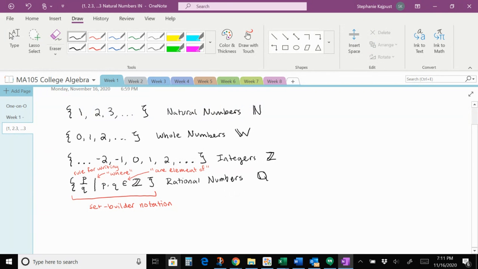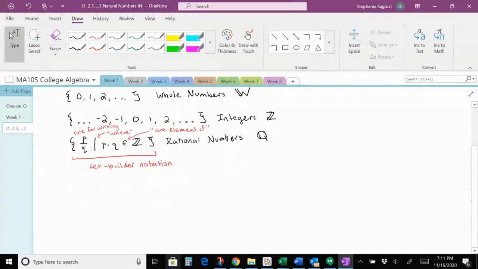But there are some decimals that we can't write as a fraction. And so those are what we call irrational numbers, because not every decimal can be written as a fraction. And there's not even a way to do set builder notation for that. There's no way to write it as a set.